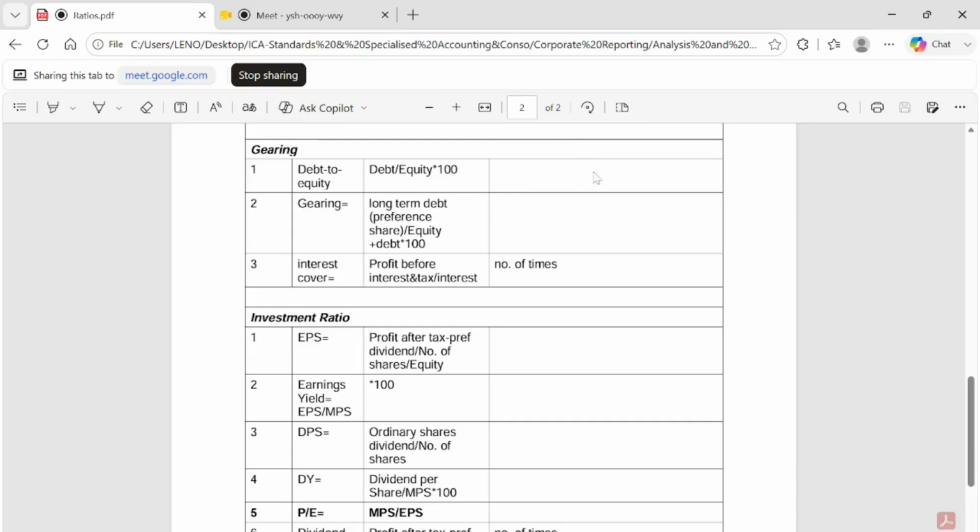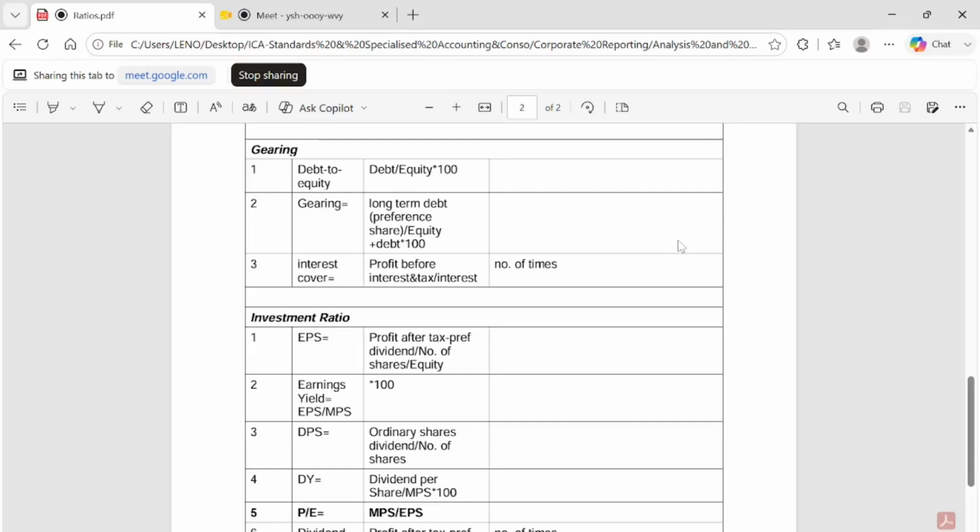So here, Sir, you give an example. You give an example by saying that if the total fund for the company is 500 million, and the shareholders' fund is 200 million, and the 300 million is funded by long-term loan.